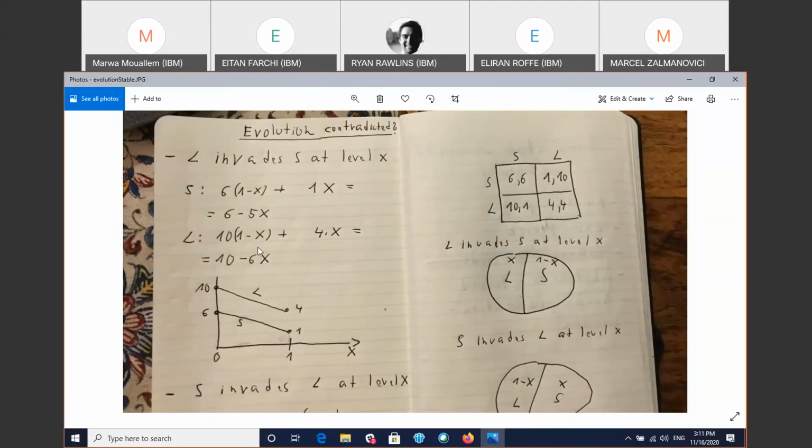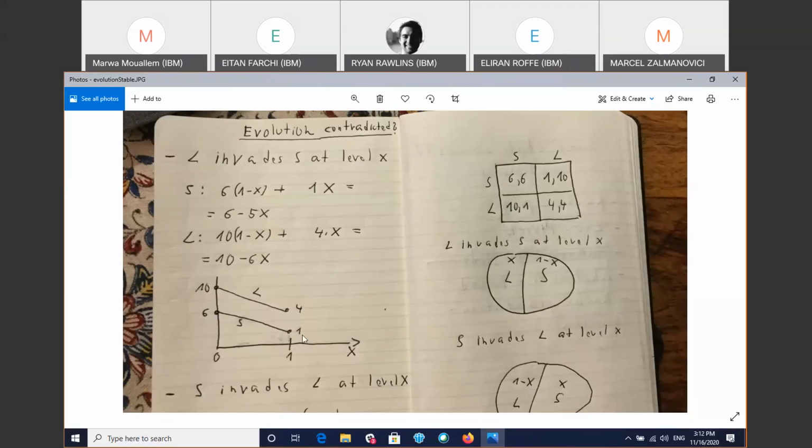And with probability x, L is going to meet an L, and it's going to get a 4. So overall, it's going to get 10 minus 6x. Okay? Now, 10 minus 6x is this line, which is consistently bigger than this line.